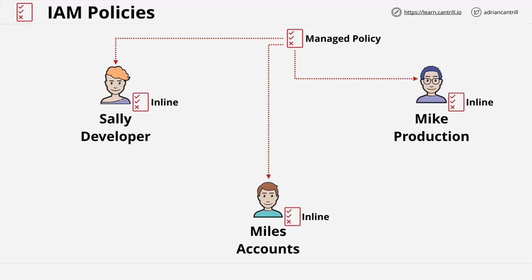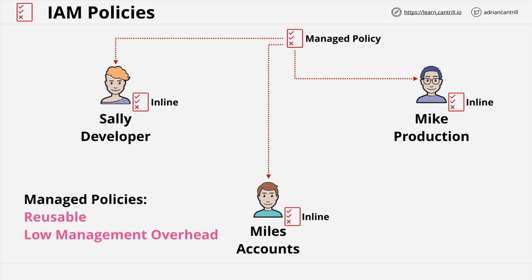Now, managed policies are great for 2 main reasons. First, they're reusable. So in this example, I can use the same managed policy for 3 identities or for 300. So for access rights that you want to grant to large numbers of users, groups, and roles, you should definitely use managed policies. Managed policies should be used for the normal default operational rights in your business.